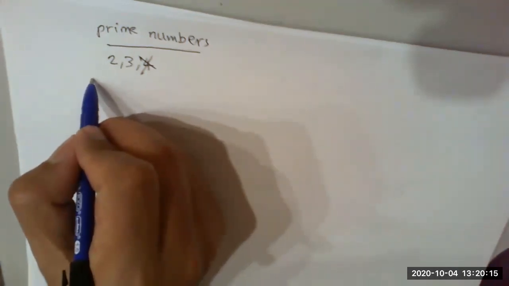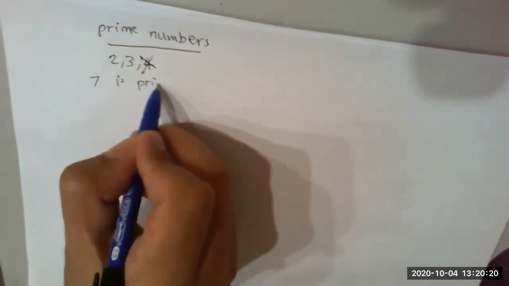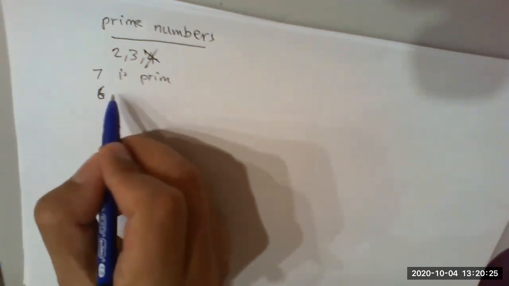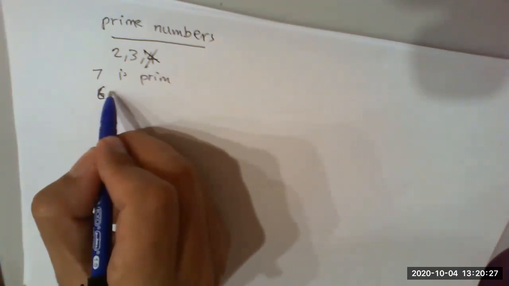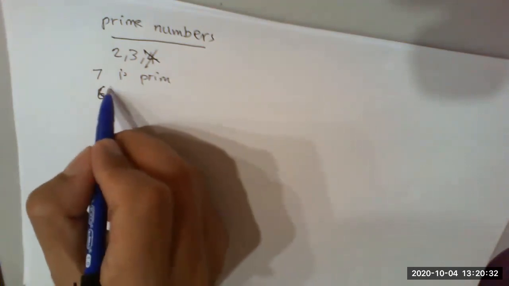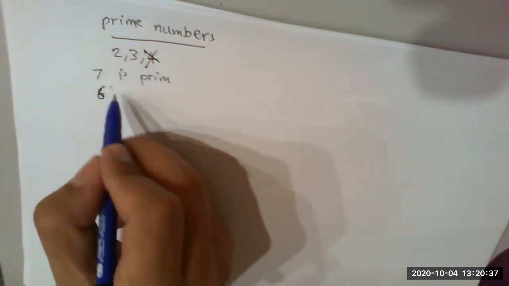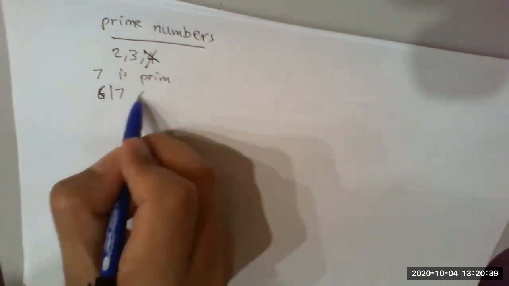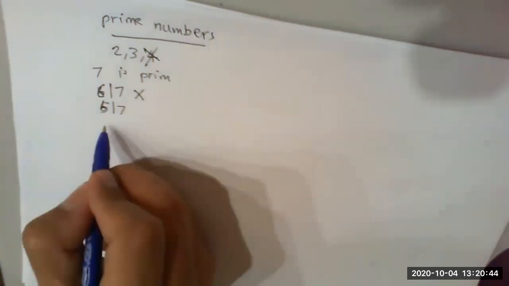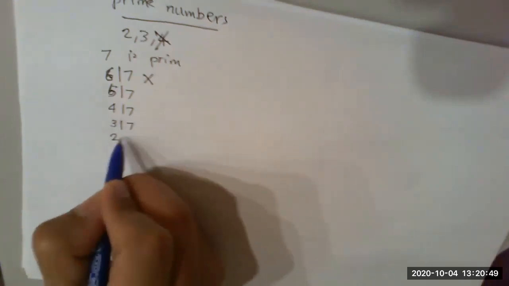The prime number like 7 is prime. Why is it prime? Because 6 cannot divide 7, 5 cannot divide 7, 4 cannot divide 7, 3 cannot divide 7, 2 cannot divide 7.